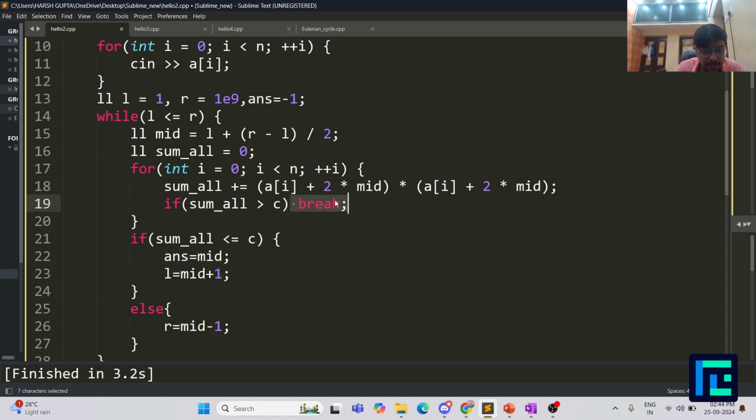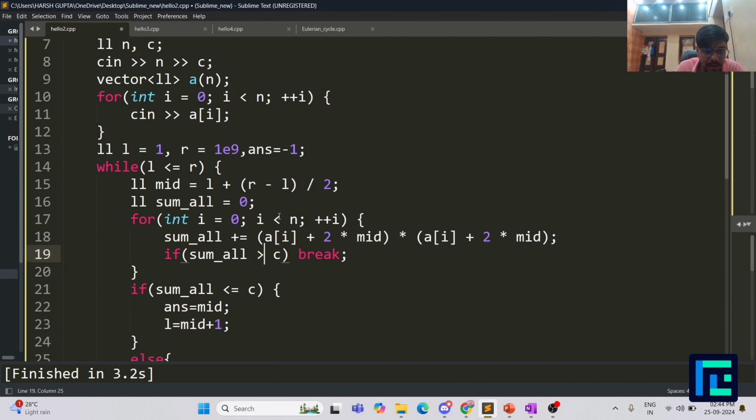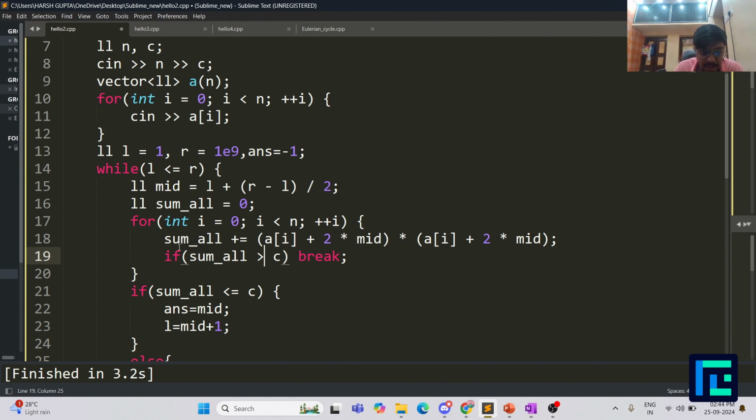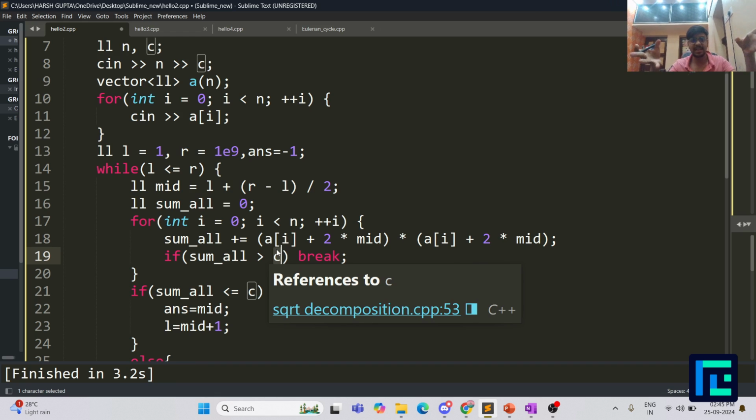Now why am I breaking here? Why am I not continuing with this for loop and then checking after that? See, it may happen that if I continue from here, I get an integer overflow, because this value may be very large, right? So I am adding these values to this sum all, and it may happen that I keep on adding even when sum all is greater than C. Once sum all becomes greater than C, I know that I can never achieve the total sum of areas of cardboard as equal to C, because it is going to increase only, right?